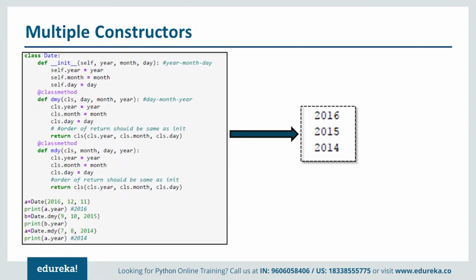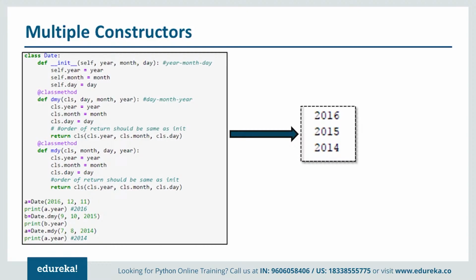Again, we have class methods here, dmy and mdy. These two class methods are available, and they use different attributes and provide different parameters.